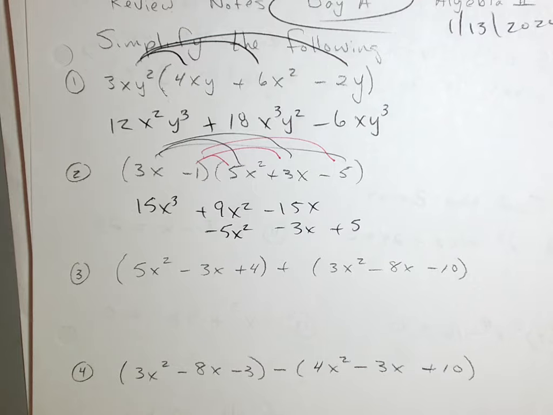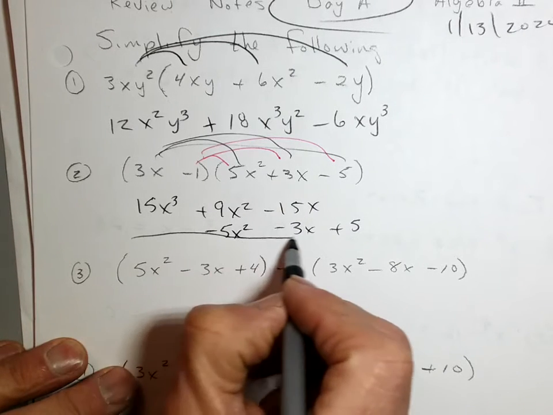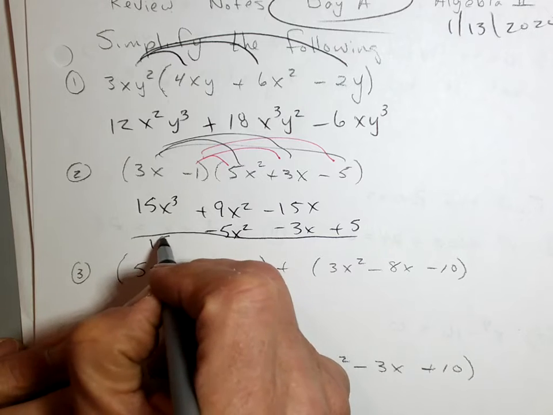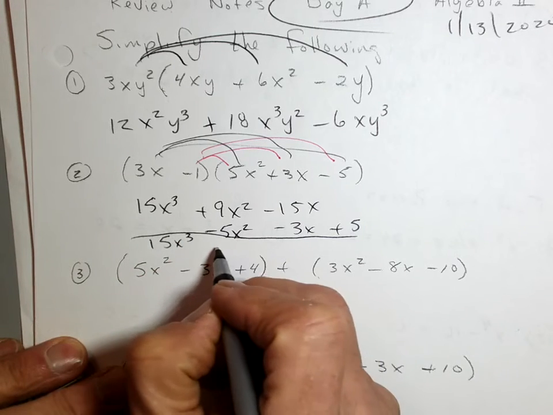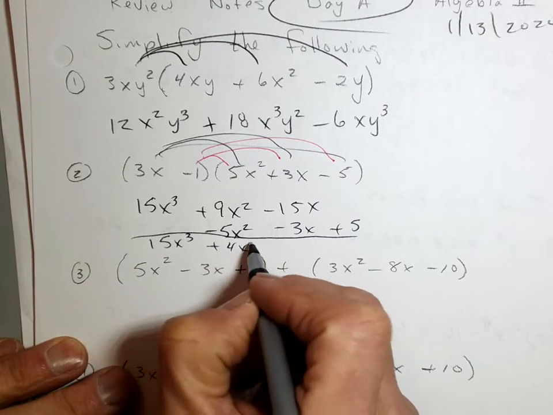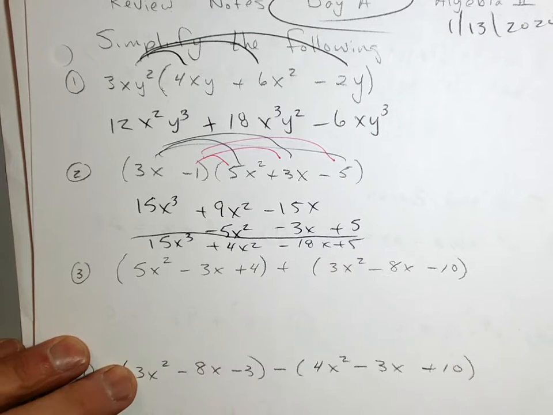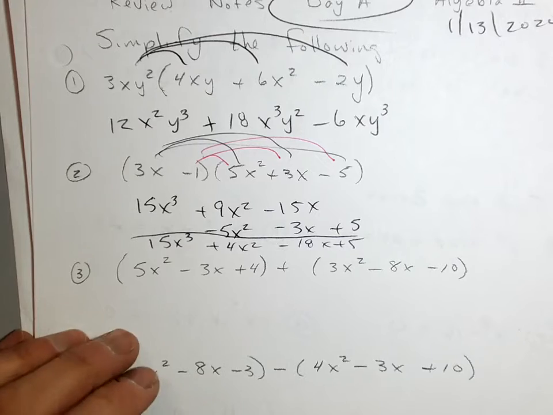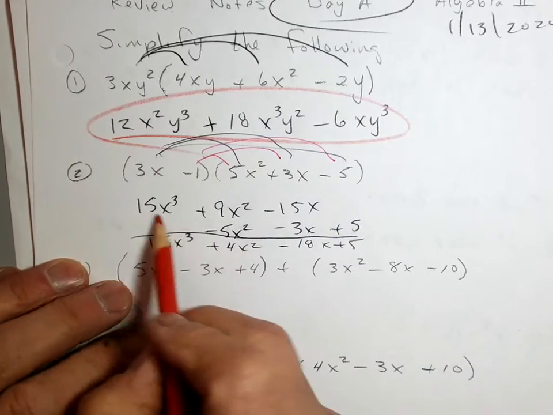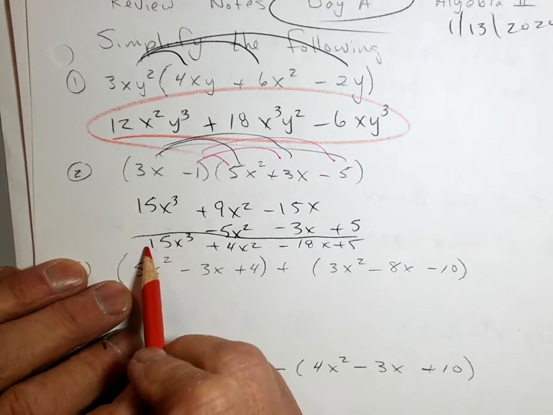And now, if I add things up, I'm going to get a 15x cubed plus a 4x squared minus an 18x plus 5. Okay? Circle that answer.